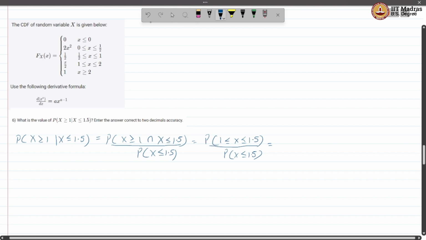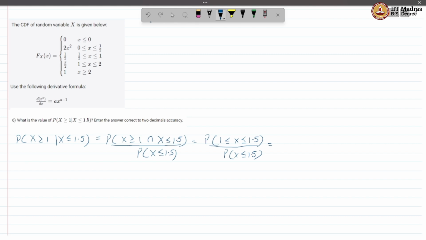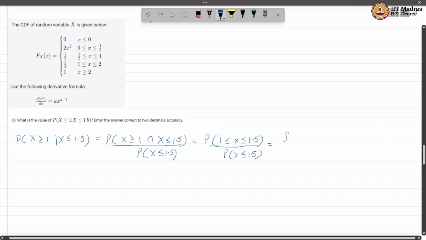So for finding the probability that x is greater than equal to 1 and less than equal to 1.5, we will simply integrate the PDF which we have just calculated with respect to x from 1 to 1.5.